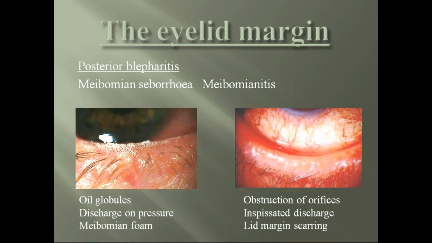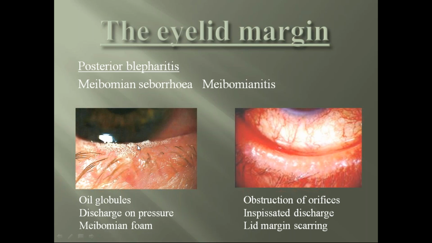Now coming to posterior blepharitis, there are basically two types. One is meibomian seborrhea, and the second one is meibomianitis. Meibomian seborrhea is when you can see discharge or oil globules along the posterior margin.